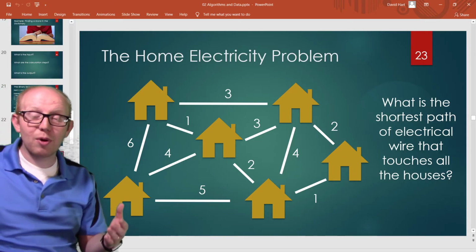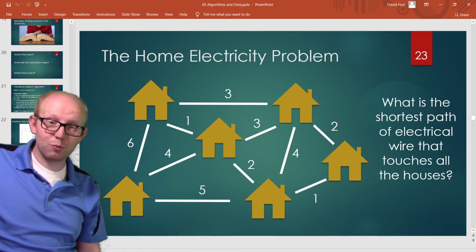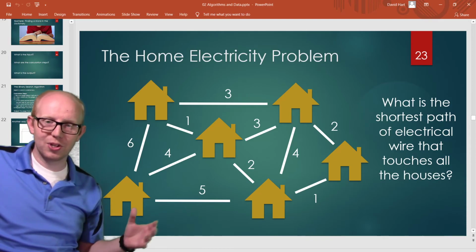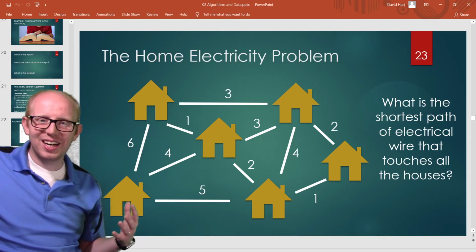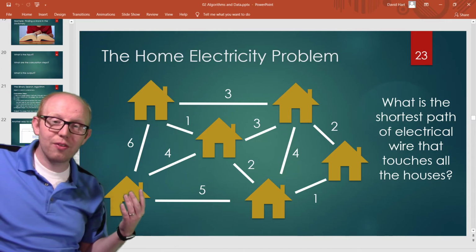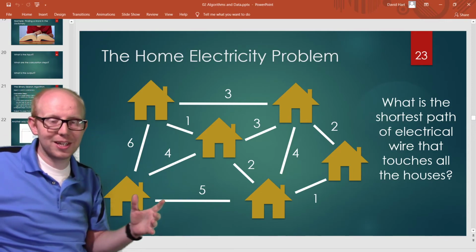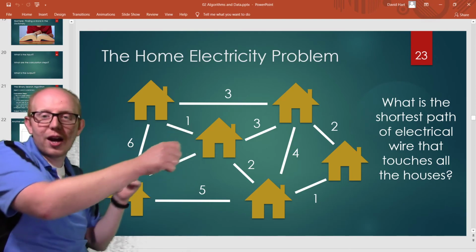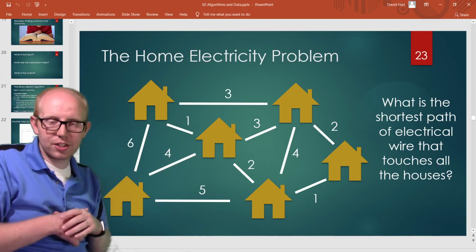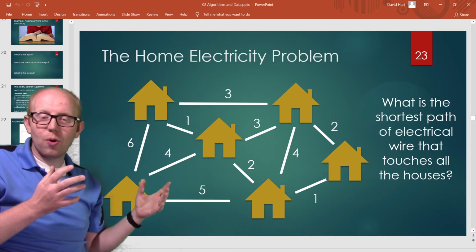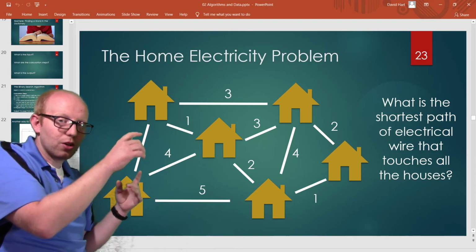So let's think about bringing electricity to a couple of homes in a neighborhood. You want to figure out the fastest way to get electricity to everybody. Electricity is nice because you just have to have a wire from a spot that already has electricity, so you don't necessarily have to go in a circle or anything.